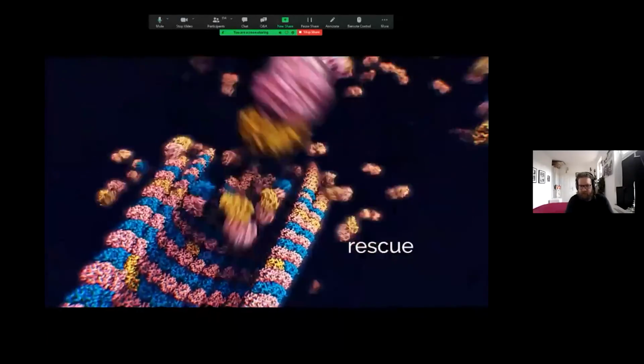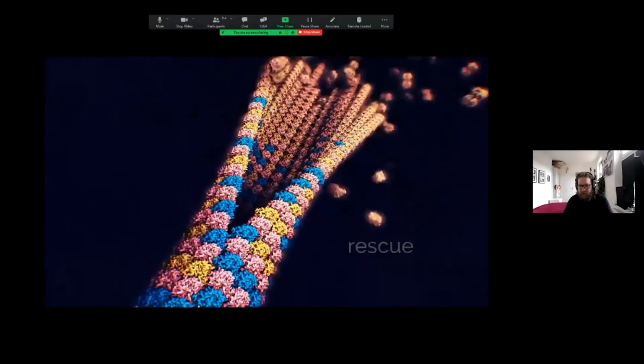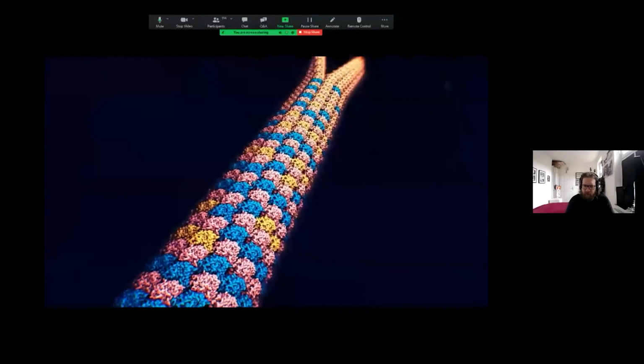So this is a structure in the cells, kind of a scaffolding of a cell. And so creating this animation was very easy with this system, because all we had to do is describe mathematically a microtubule, which is just a spiral of one type of protein. And then we had to describe these open and closed states of it. And then that was it. The system did everything else for us.